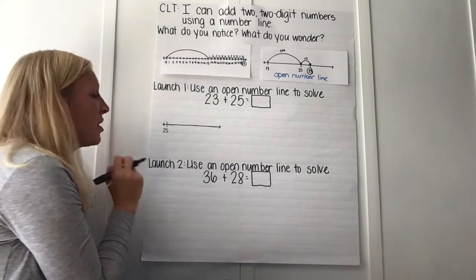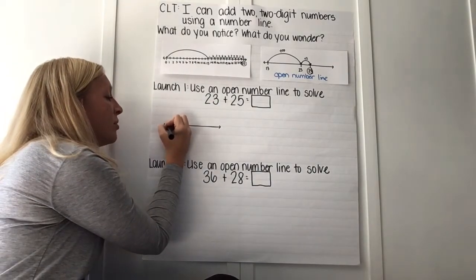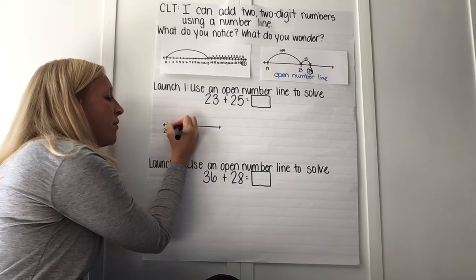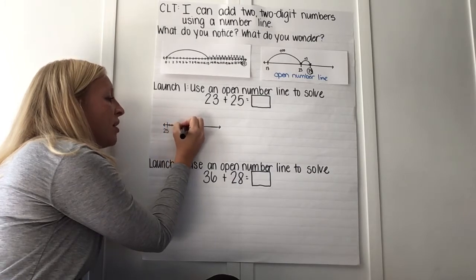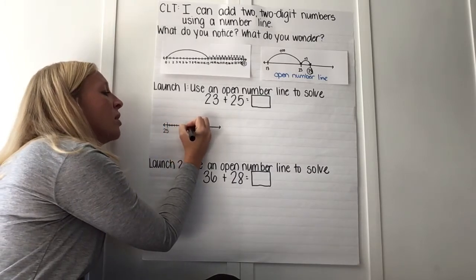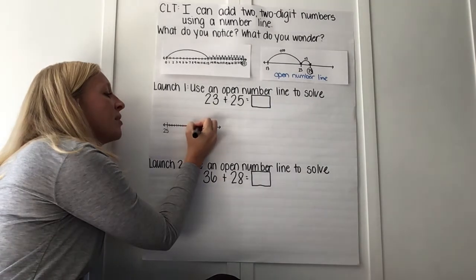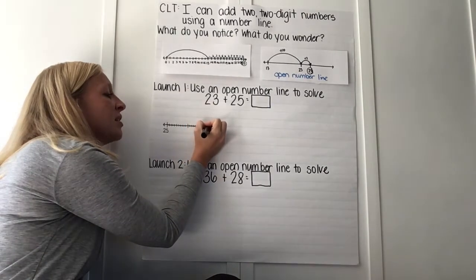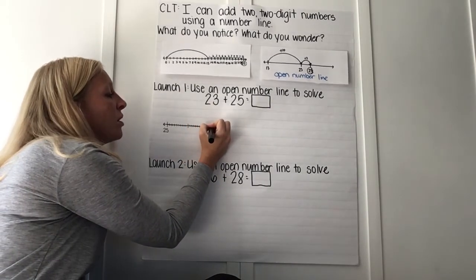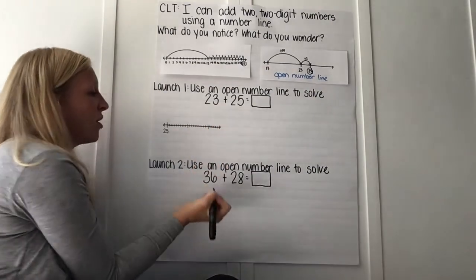You are going to make little jumps. 1, 2, 3, 4, 5, 6, 7, 8, 9, 10. 1, 2, 3, 4, 5, 6, 7, 8, 9, 10. 1, 2, 3, 4, 5. Okay.